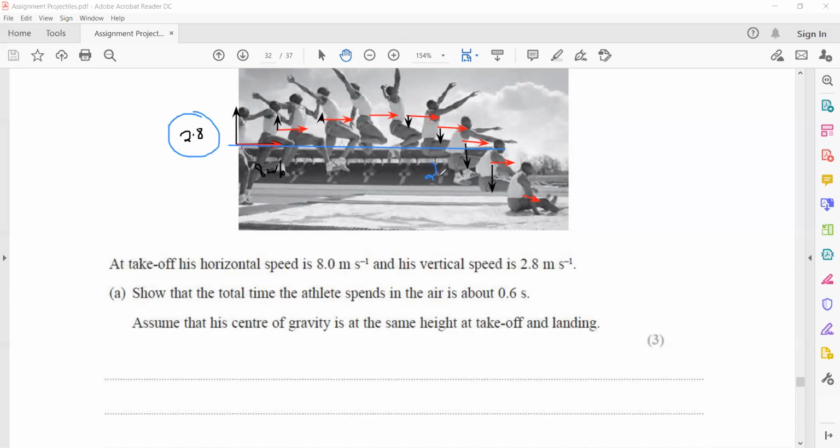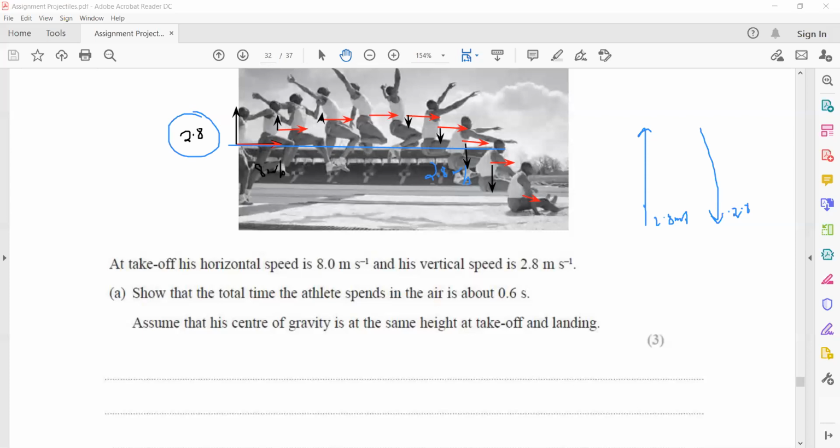At this point also the vertical speed will be 2.8, because if a projectile is going up, the initial speed was 2.8, it reaches a certain height and returns back, the vertical speed will be 2.8, but a negative sign will be there. Negative only shows the direction, but the value of the vertical speed will be 2.8.